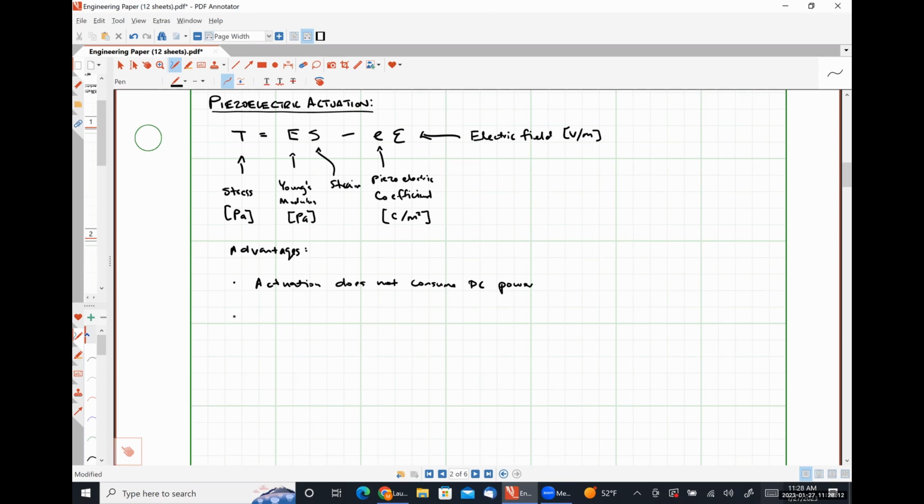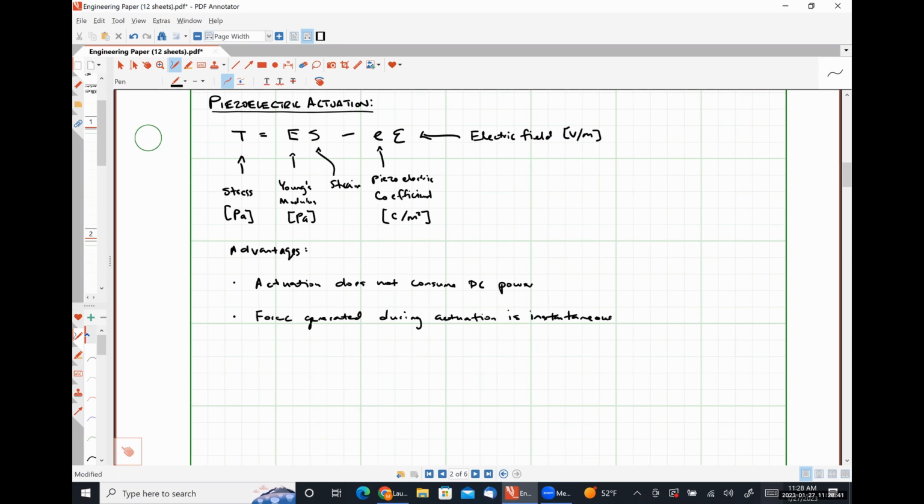The second advantage is that the force generated during actuation is instantaneous.